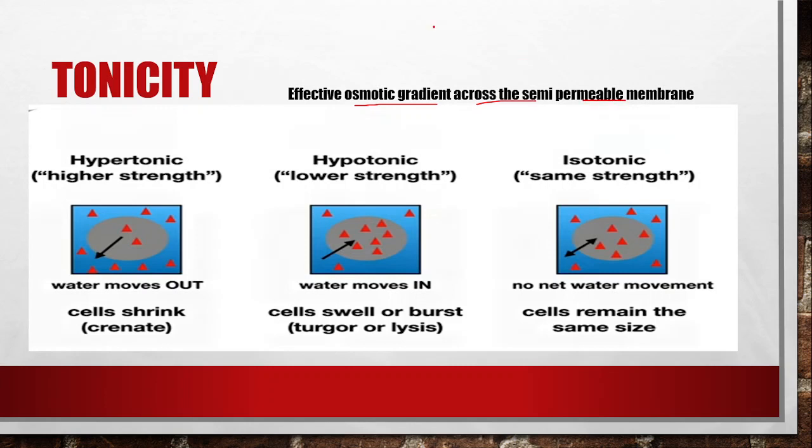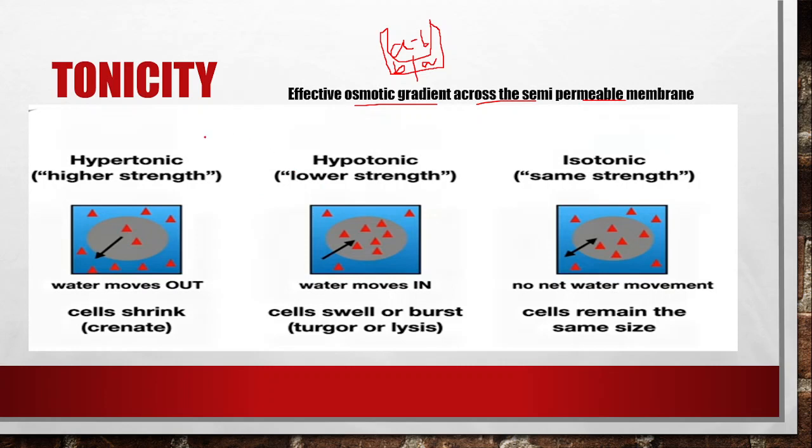For example, if we have two different conditions separated by a semi-permeable membrane, the osmotic pressure present here we can denote with A, and the osmotic pressure present here we can denote by B. The difference between the osmotic pressure of A minus B is known as tonicity. So tonicity can be measured by the osmotic gradient between 2 points across a semi-permeable membrane.